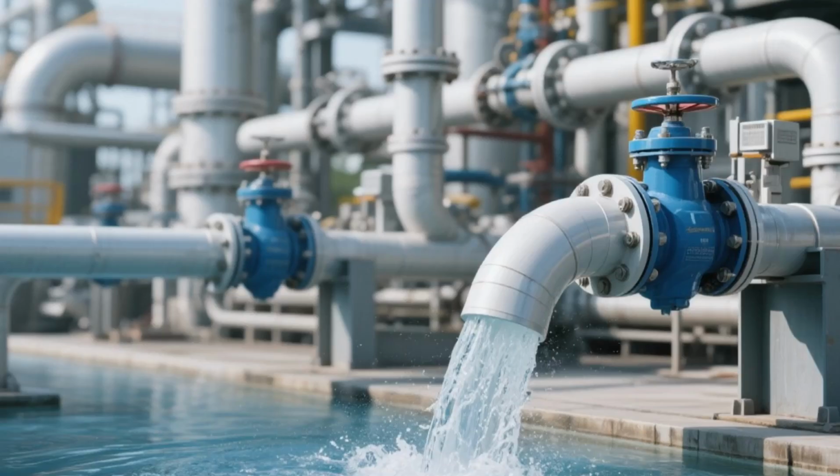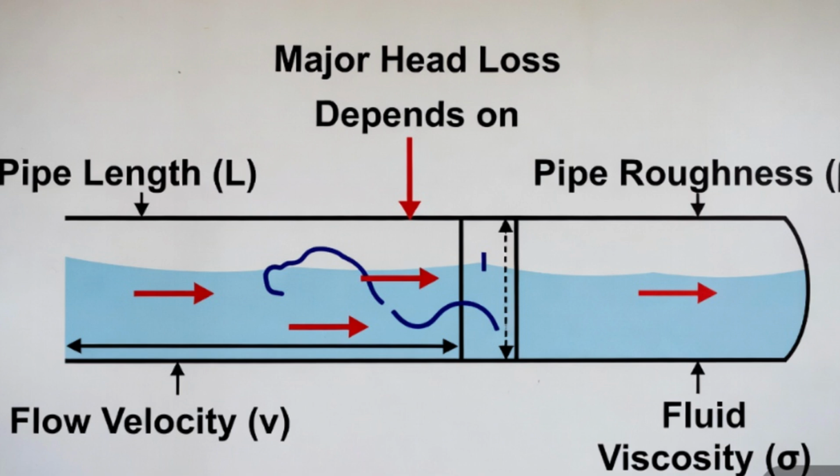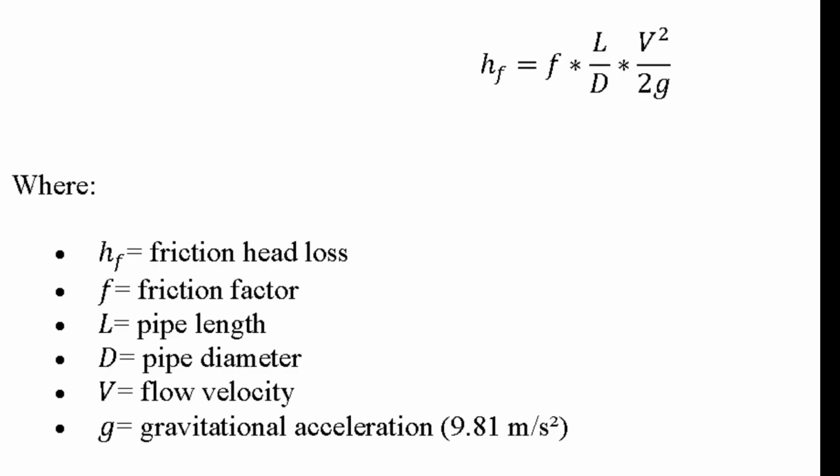Major head loss. Major head loss represents the friction loss caused by water flowing along the internal surface of a pipe. It depends on pipe length, pipe diameter, pipe roughness, flow velocity, fluid viscosity, Reynolds number, and friction factor.